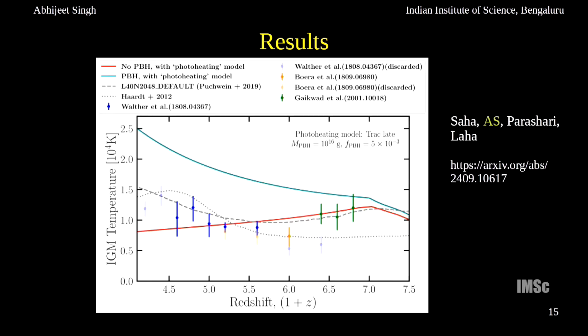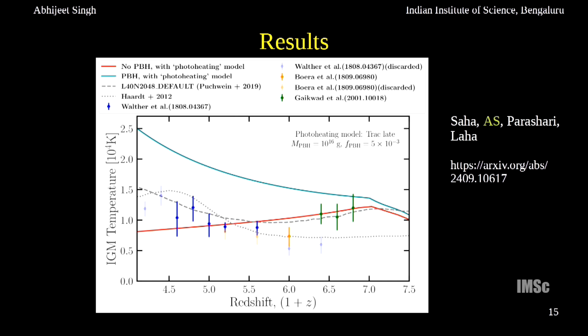So now, what are the results? On the horizontal axis, I have the redshift, and on the vertical axis, the intergalactic medium temperature. All these data points are measurements of the intergalactic medium temperature using the Lyman-alpha spectrum analysis techniques.